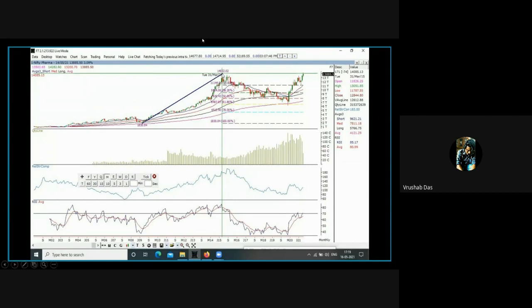So when it creates a new low and crosses the 23.6 percentage, it indicates that it might cross even 38.2%, or it might go to 50%. So according to this percentage point, you can set up your stop loss, or decide at what point you will sell out this stock. So this is the idea it will give you.